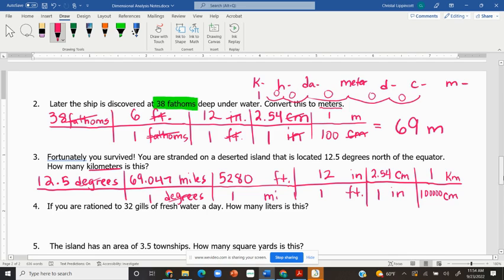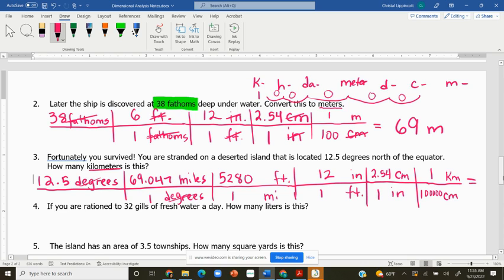Okay. So now we're going to punch that into our calculator. Times 12 times 2.54. 1, 2, 3, 4, 5.